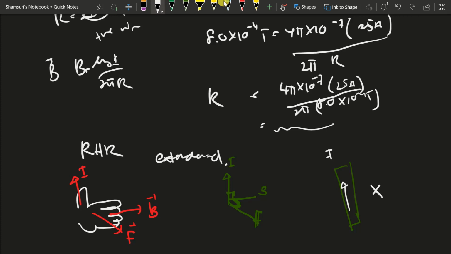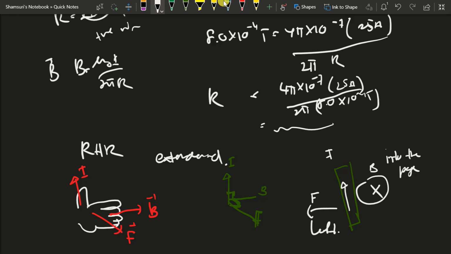What is the direction of force? F is here, because B is into the page, and we can get the force actually going toward the left. This is how we find the force direction.